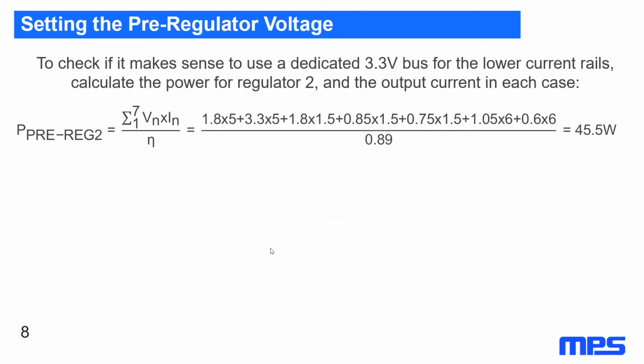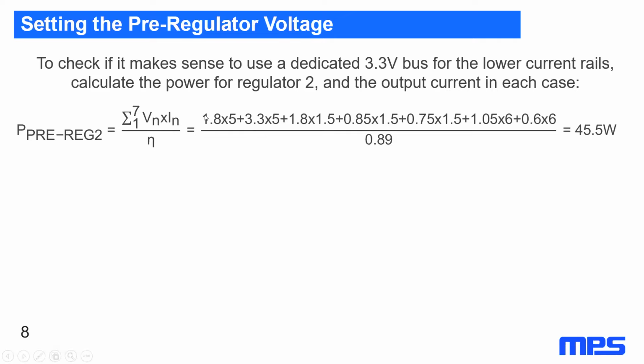To calculate the power that they need, we can sum the product of the voltage by the current of each individual rail and divide that by the efficiency. We could be very accurate and try to estimate the efficiency for each individual rail, but for simplicity in this demonstration, we are just assuming a general efficiency of 89%.